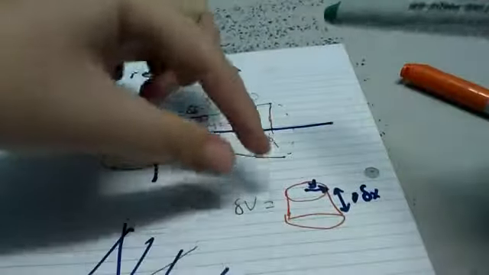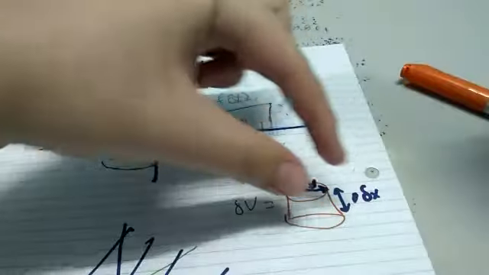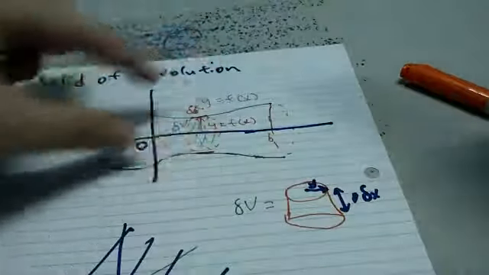So we take a part of the volume, and we need to find the volume of this partial solid.